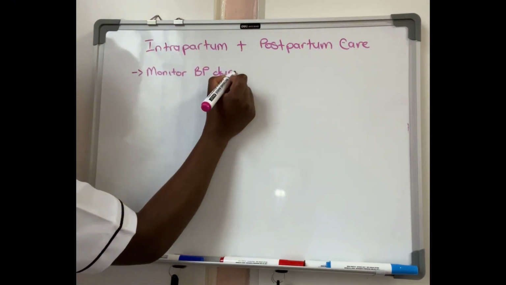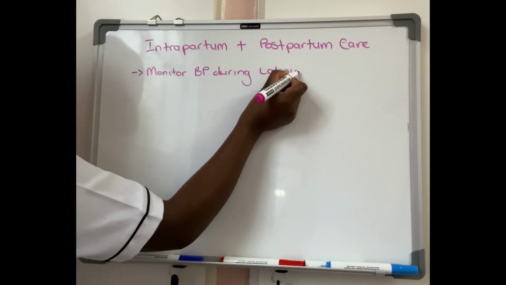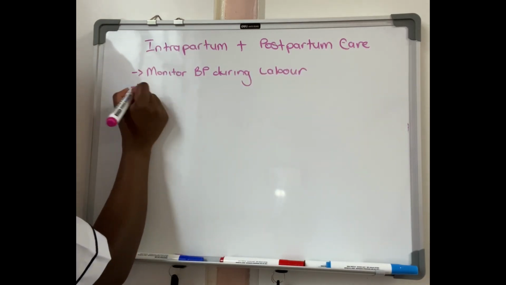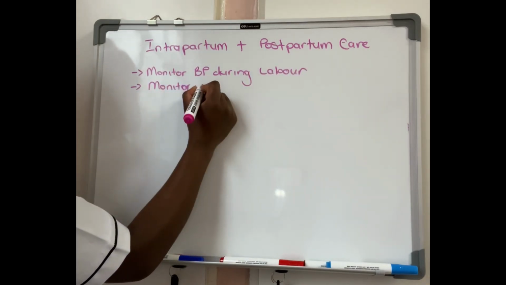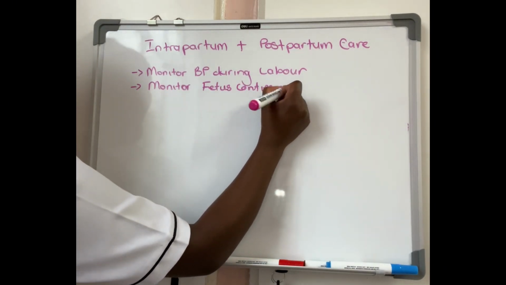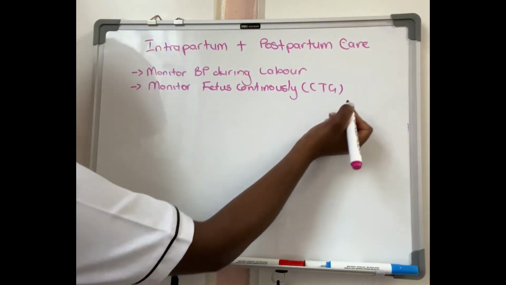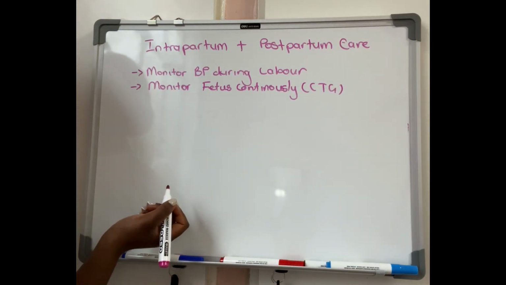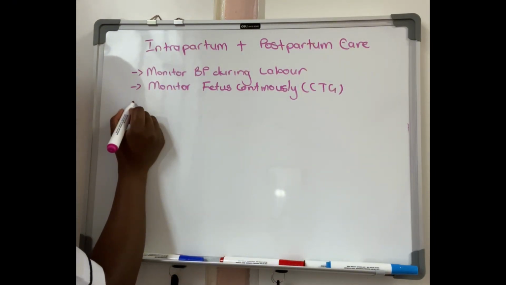Let's go into the intrapartum and postpartum care of a woman with chronic hypertension and gestational hypertension. So during labor, it is important that we monitor her blood pressure, especially if it was uncontrollable during the antenatal period.